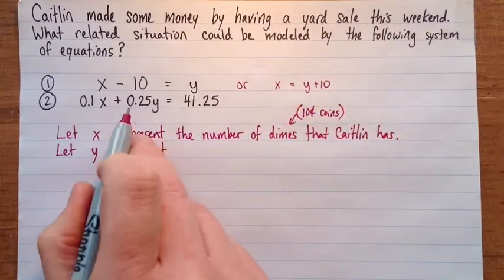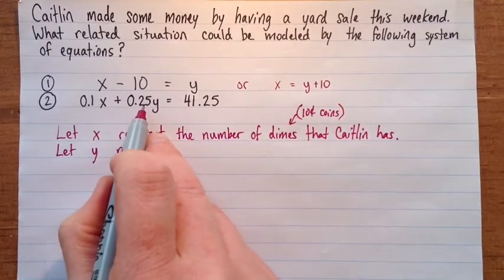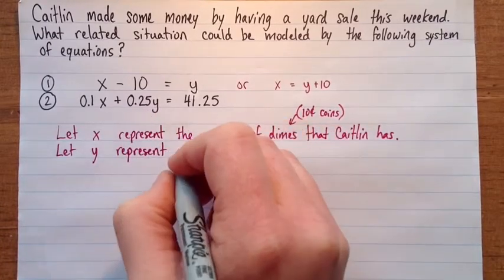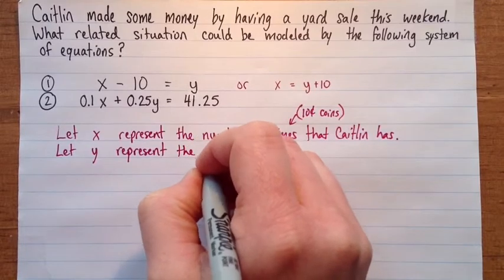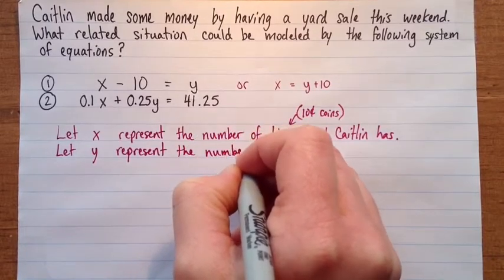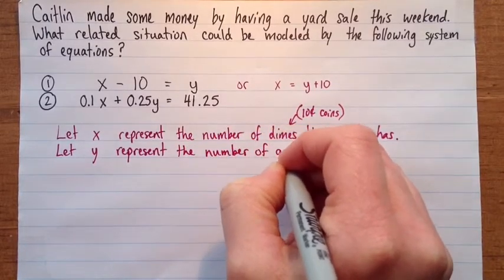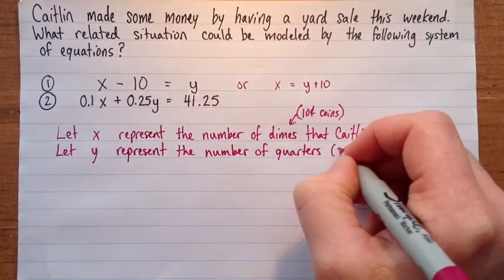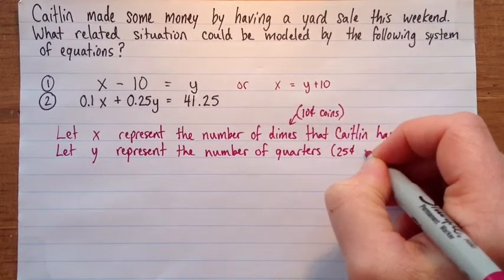And by the same token, if we're multiplying y by 0.25, then that might well be the number of quarters that Caitlin has. Those are 25-cent coins.